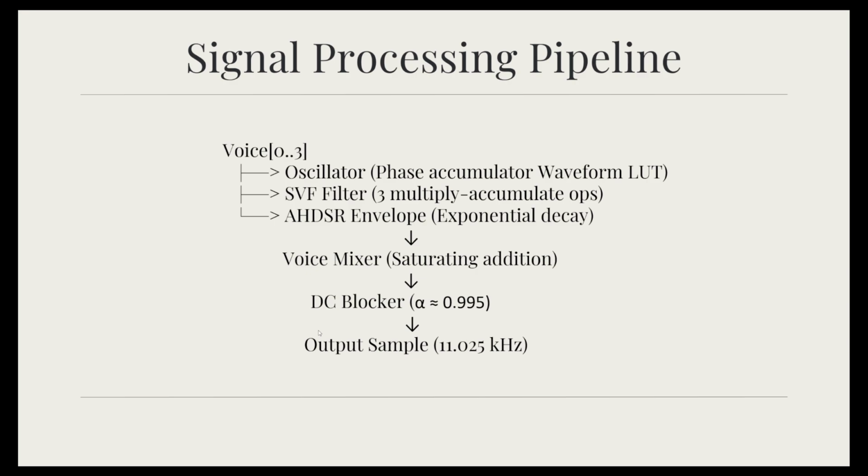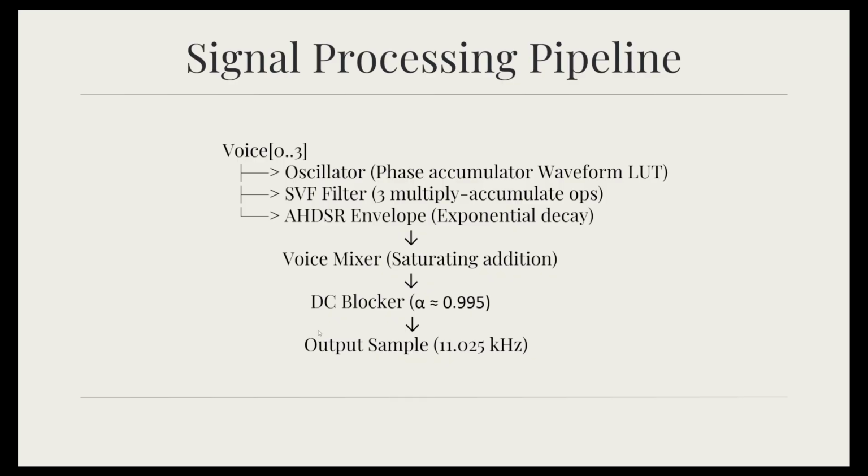On this slide, I summarize the signal processing pipeline inside the hardware synthesizer. For each of the 4 voices, the signal starts from an oscillator that uses a phase accumulator and a waveform lookup. Then it goes through a state variable filter, which is mainly a small set of repeated multiply-accumulate operations to shape the tone. After filtering, the envelope controls the amplitude over time, including exponential-style decay for a more natural sound.